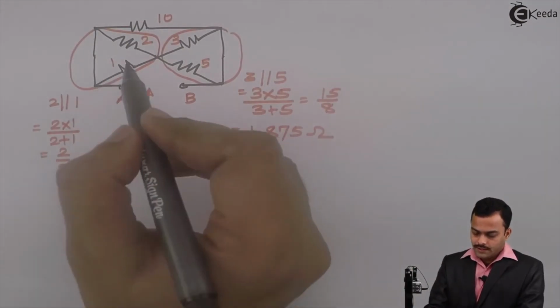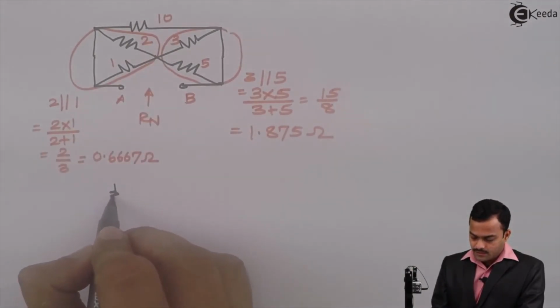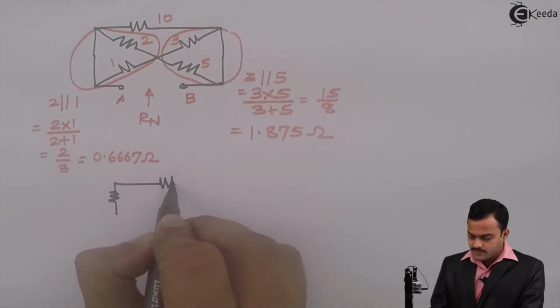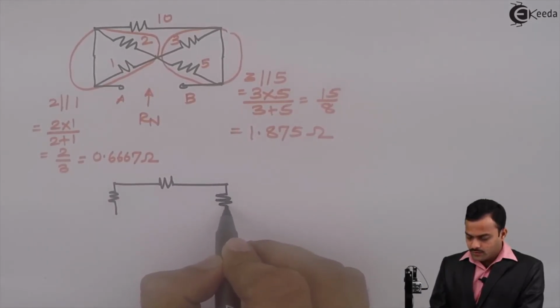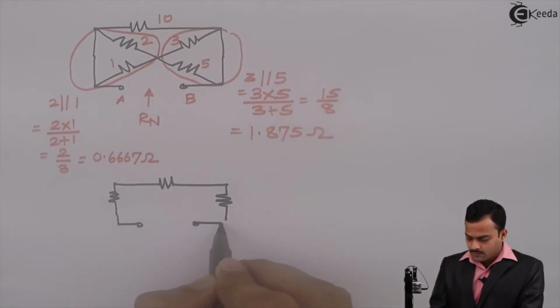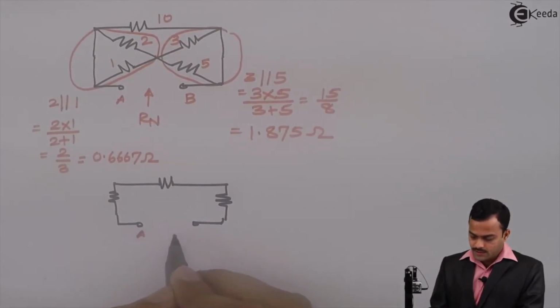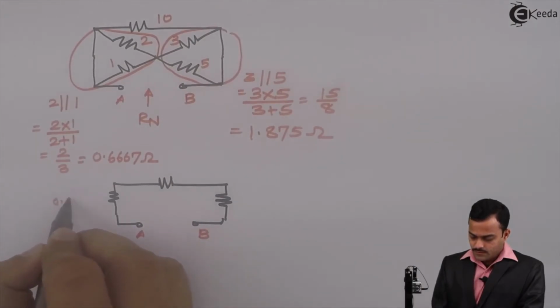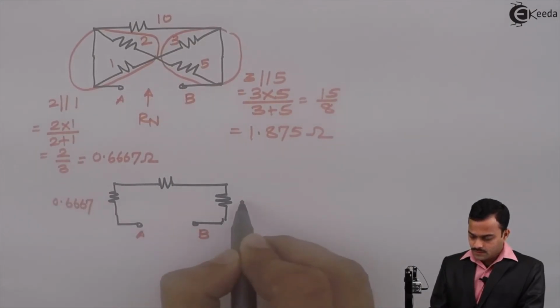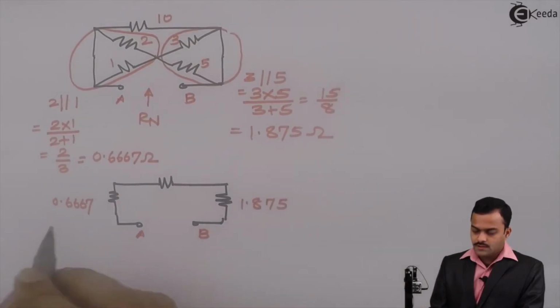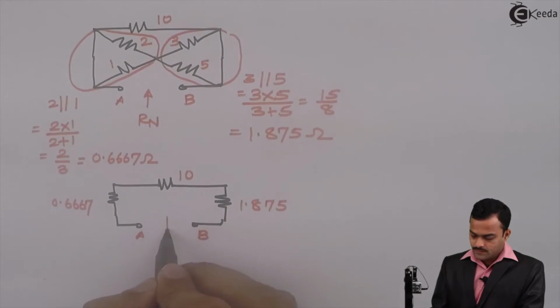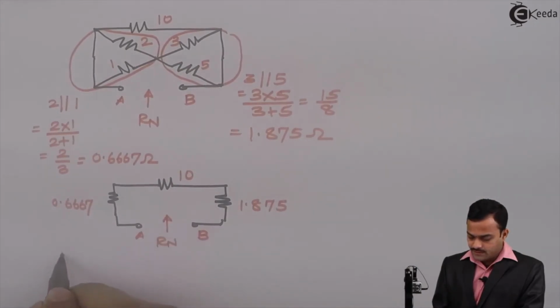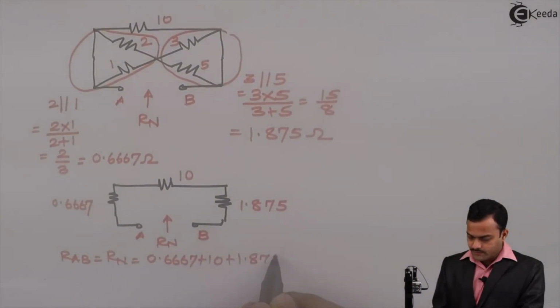So now instead of these two resistances, I am getting only one equivalent resistance that will come in series with this 10, where one more resistance is present. So this is A, this is B, 0.6667 ohm, and 1.875 ohm come in series with this 10 ohm, and Rn I will get finally 0.6667 plus 10 plus 1.875.